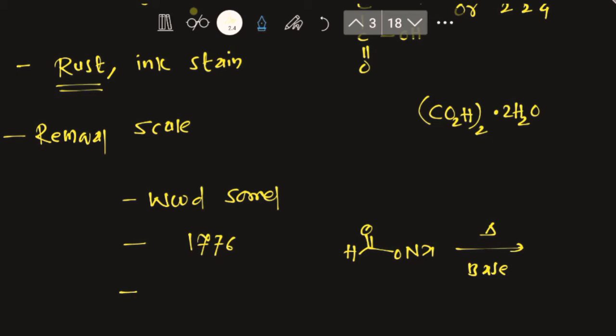So there are many methods. The first preparation, from wood sorrel, was in 1776.